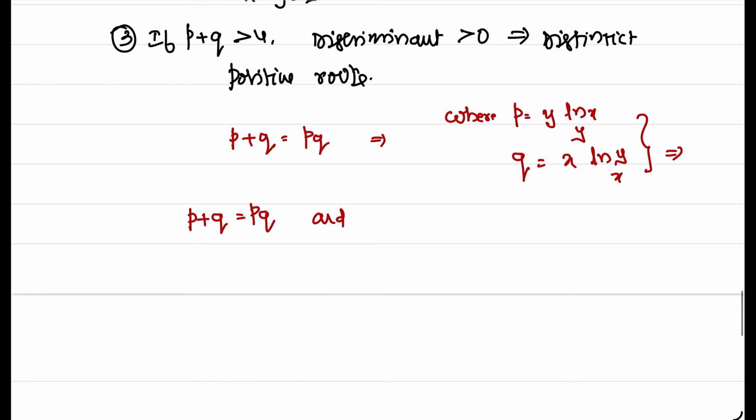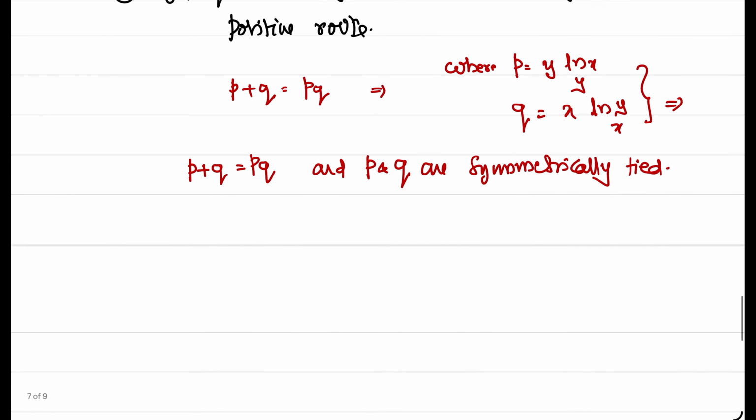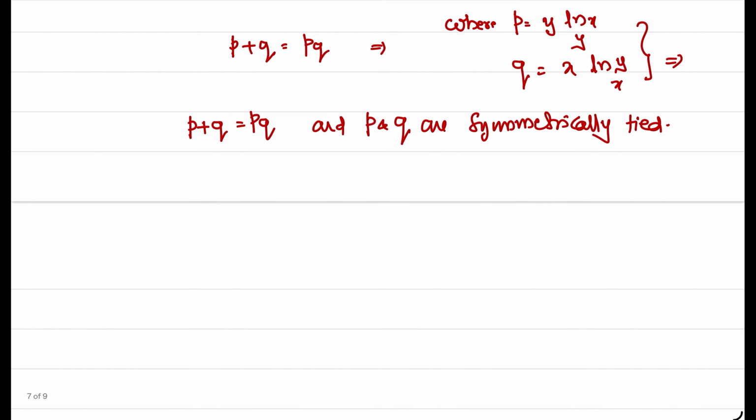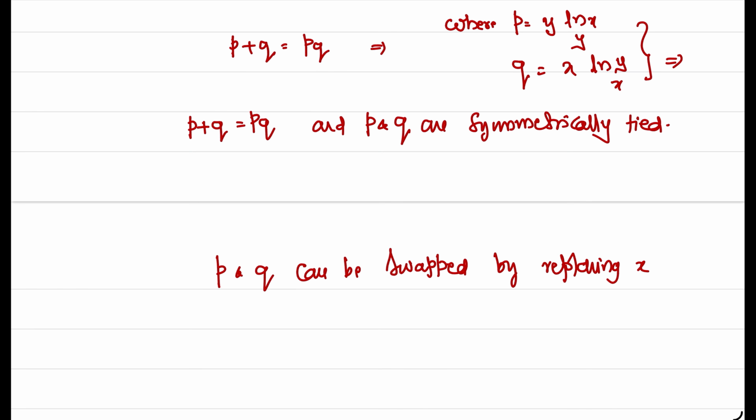And P and Q are symmetrically tied. What is meant by symmetrically tied? Symmetrically tied means by replacing x with y and y with x, P and Q can be swapped.